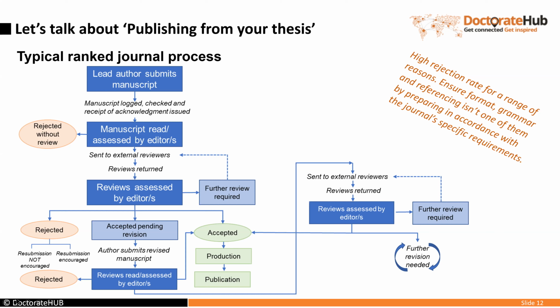Or they say, I might need to go to the external reviewers and have that review process go through again. Based on that, they'll either require further revisions, so they go through the cycle, and they could go through several, or they will accept it. Once it gets to that stage, you don't get the rejection. If it's accepted, it goes through production and then into publication.